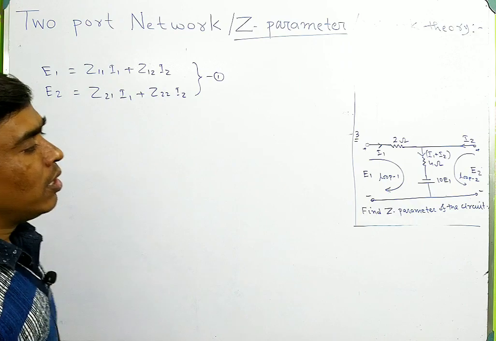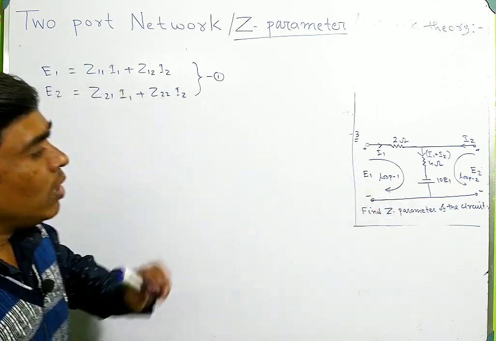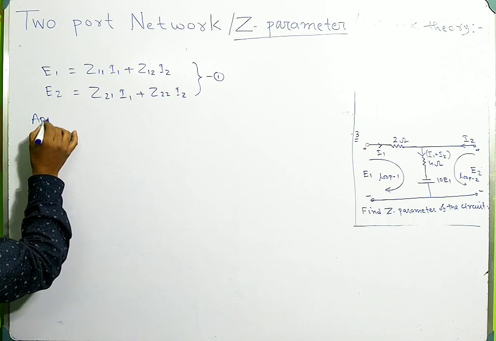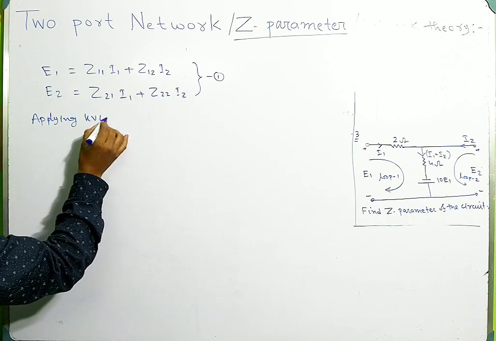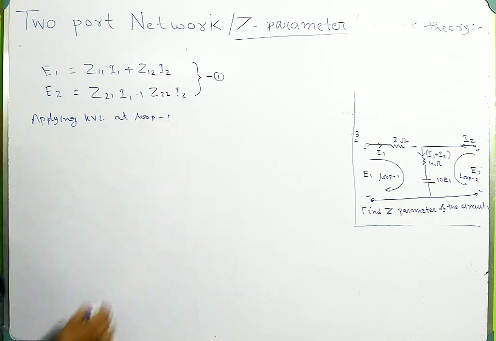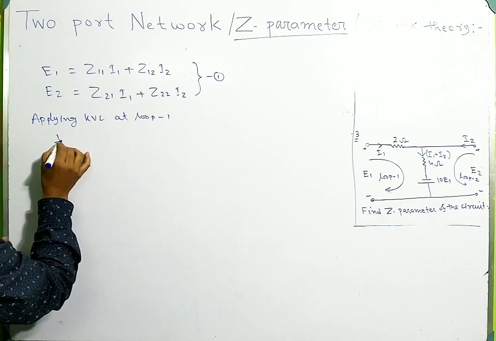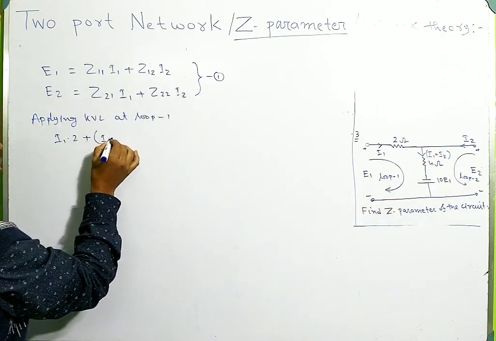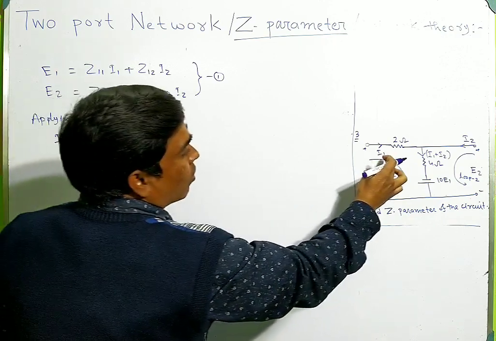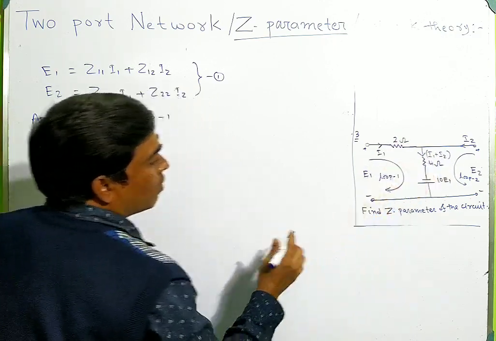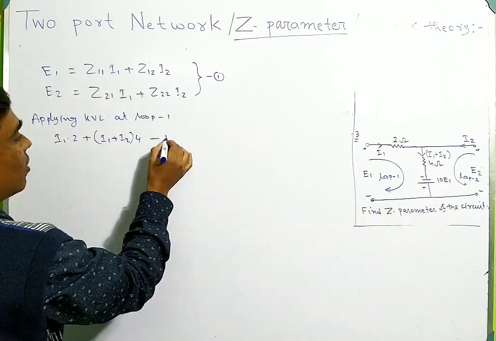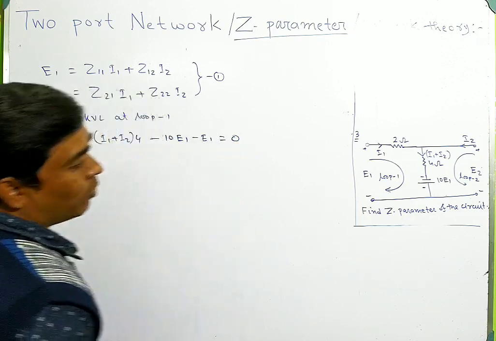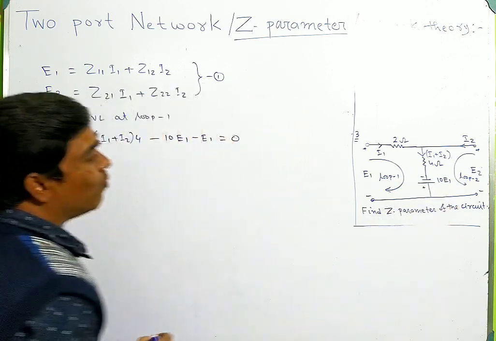So it is similar to problem number 2. Applying KVL at loop 1, we will get I1 into 2 plus I1 plus I2 into 4, minus 10 E1 minus E1 equals 0.